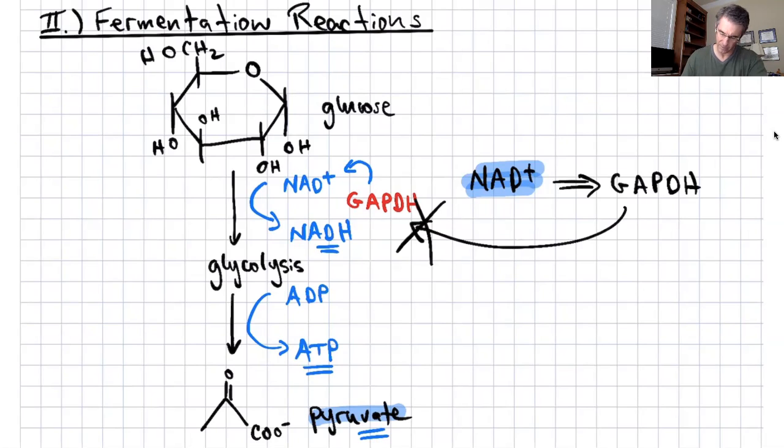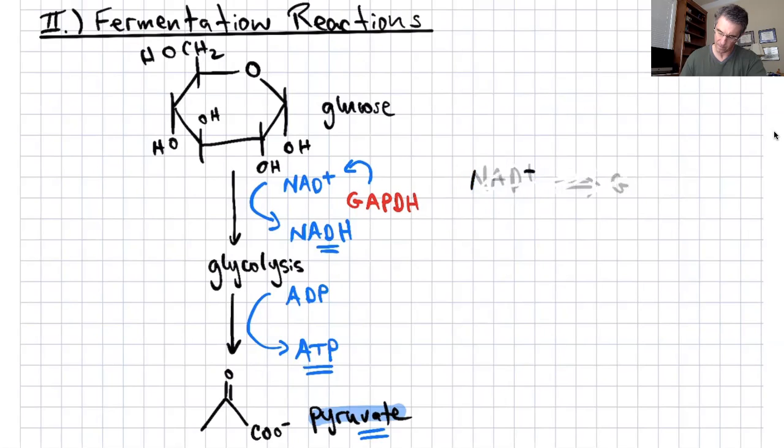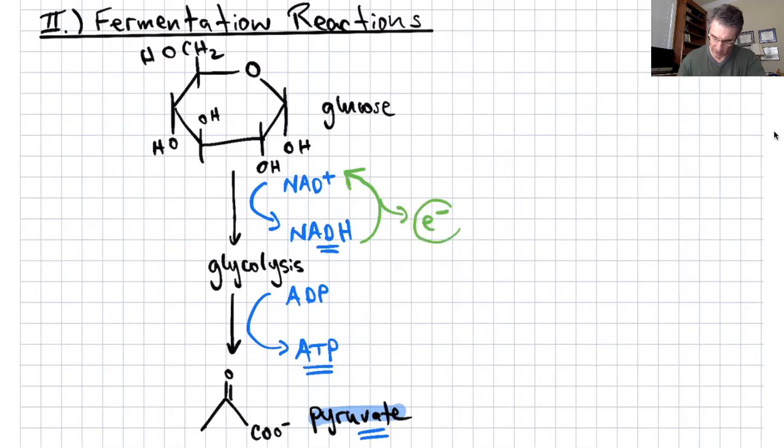If you don't have that molecule, you don't have NAD plus, you've got a problem. So there has to be some way, or an important aspect of the subsequent part of this pathway is, we have to have some way to regenerate that NAD plus by extracting those high potential electrons, to recreate the NAD plus.